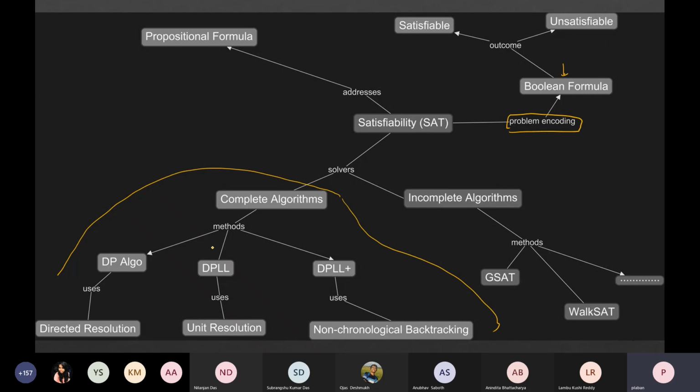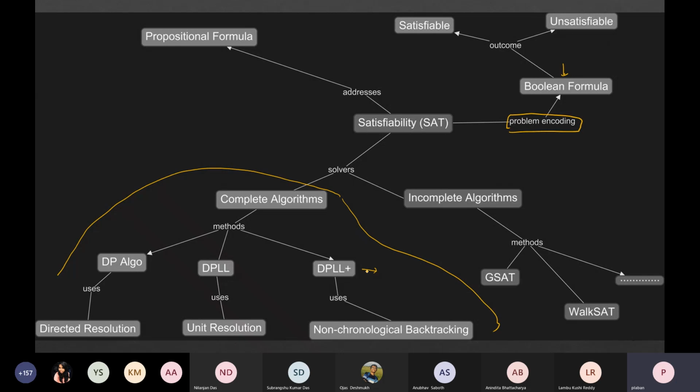And we'll talk about an advanced version of this, the DPLL algorithm, which makes use of a specific form of resolution, which we call unit resolution. And we will try to optimize DPLL further by using smart ways of backtracking to the points after we get a failure, right?